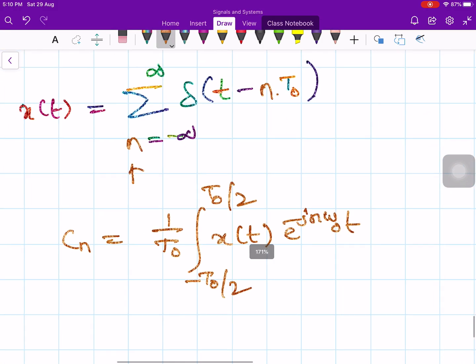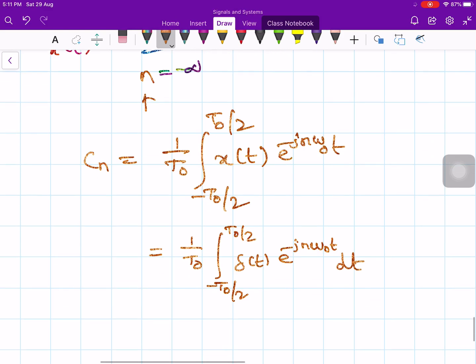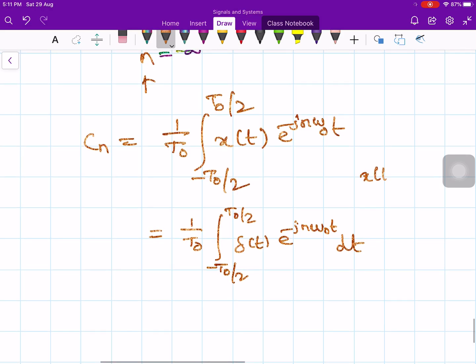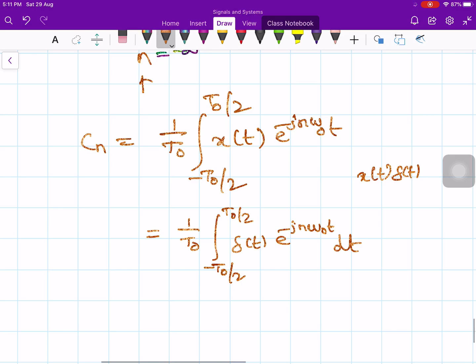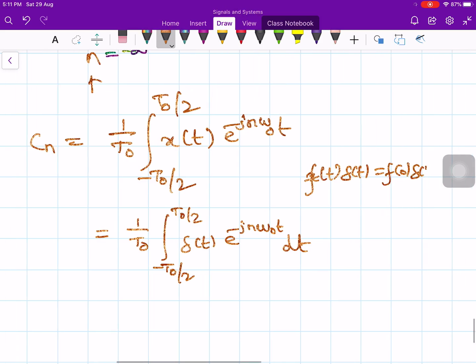Therefore Cn is equal to 1 over t naught integral from minus t naught by 2 to plus t naught by 2. You can take any other interval also, nothing is wrong. E to the minus j n omega naught t dt. And recall the properties of your impulse: if you have f of t times del of t, it is equal to f of 0 times del of t.